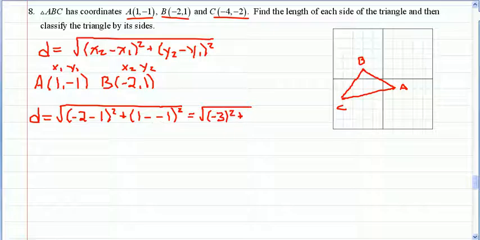And then 1 minus negative 1 is positive 2 squared. So that we get the square root of 9 plus 4, which is equal to the square root of 13. So segment AB is equal to the square root of 13.